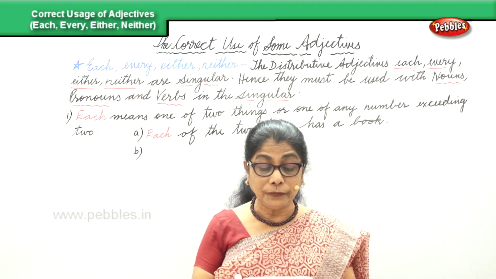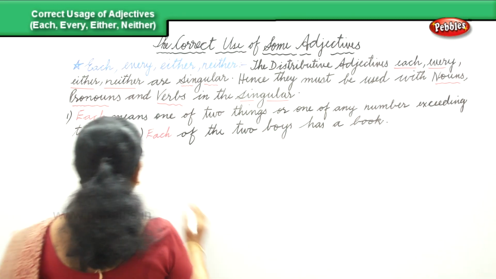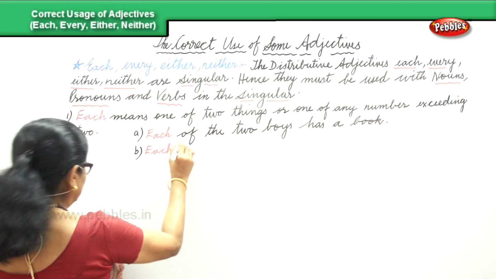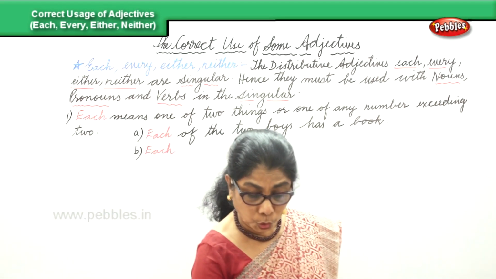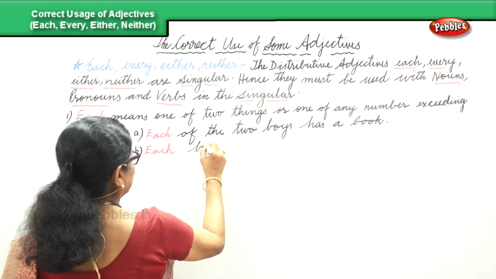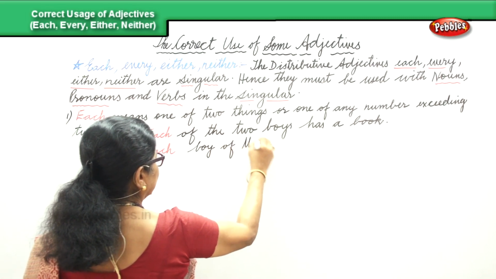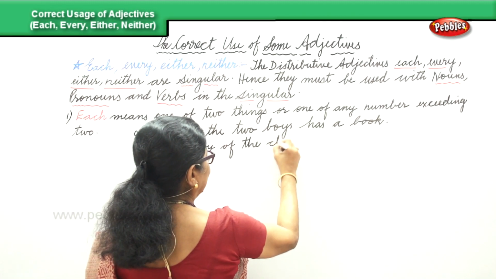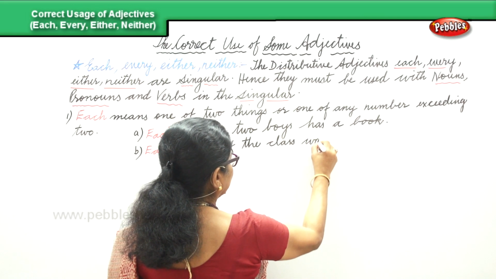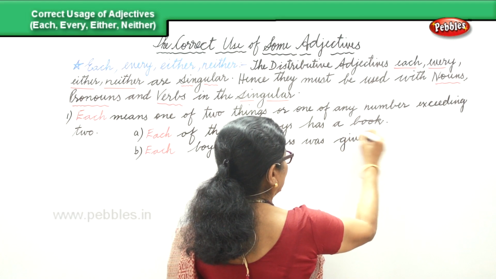Now let's take another sentence. Each boy of the class was given a prize. Each boy of the class was given a book.